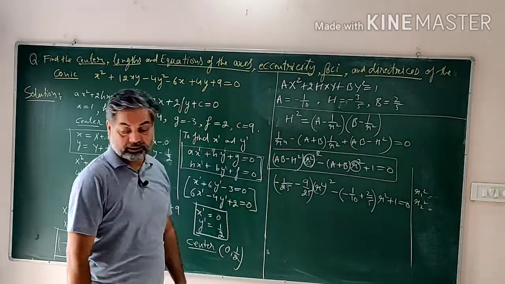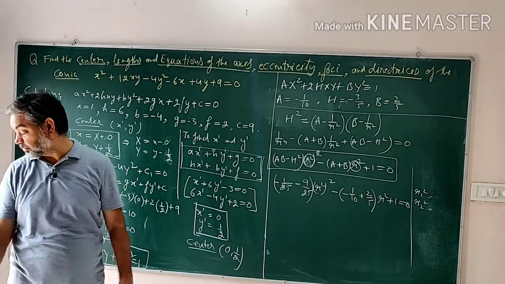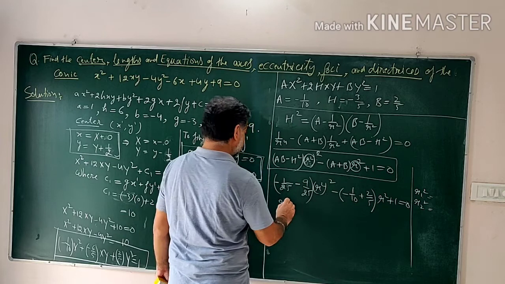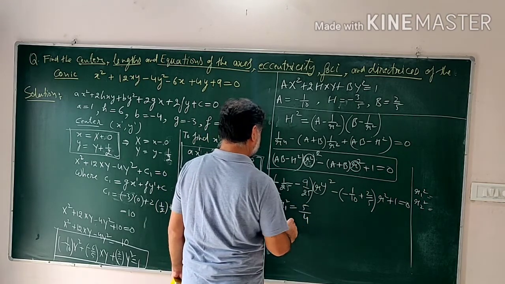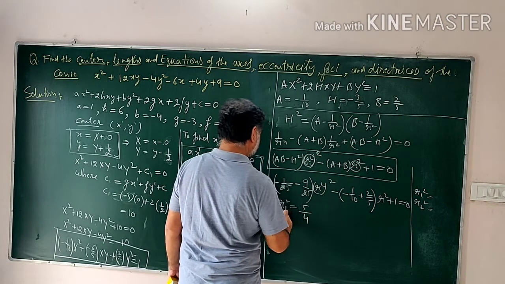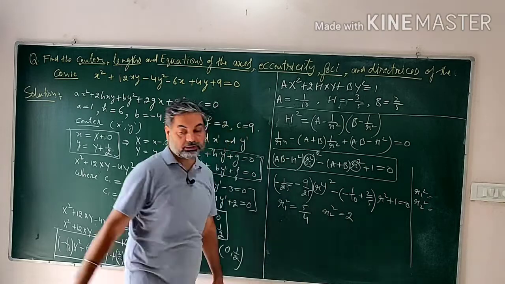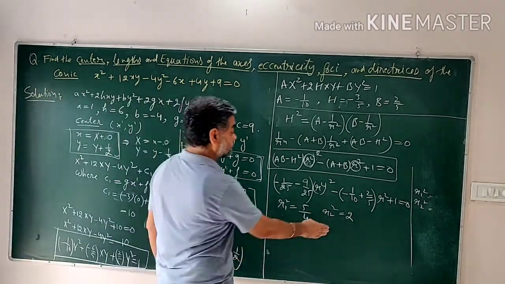So here you get a quadratic equation in r square, and if you find the roots of this quadratic equation, there will be two roots.